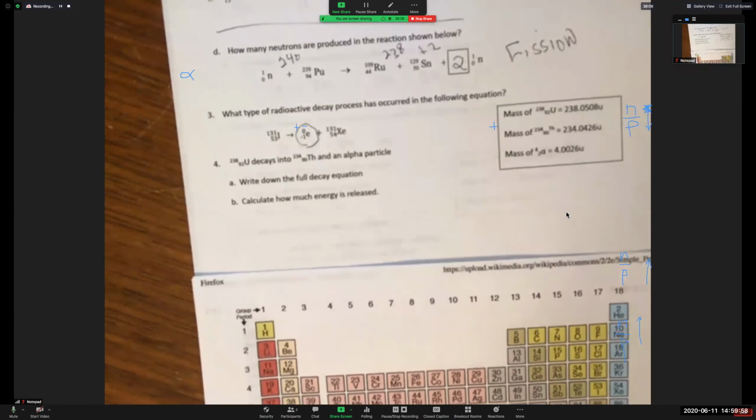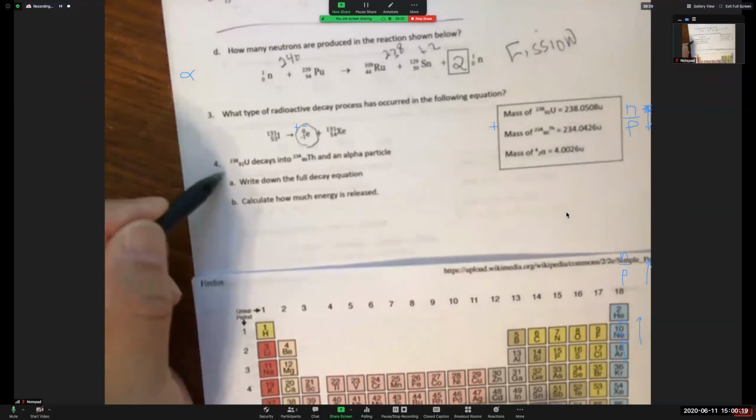Number 4, it says U-238 decays into thorium-234 and an alpha particle. Write down the full decay equation. So I'll let you do that too. I'll let you practice writing. You write that one.